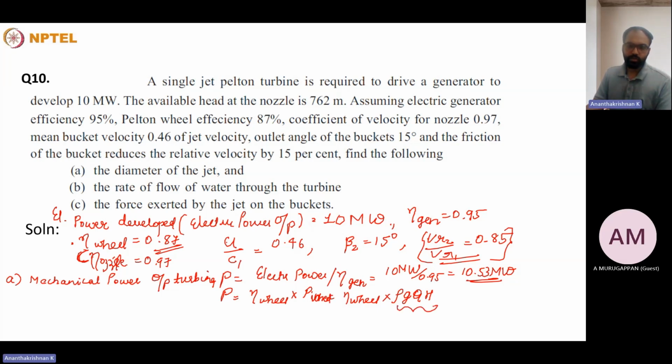That can be represented as rho g Q H. So in this particular problem, we know everything.